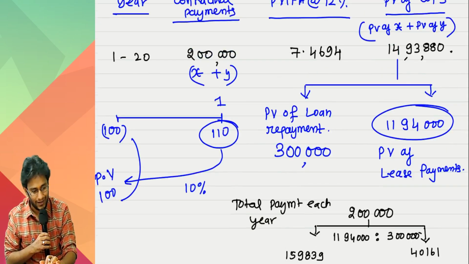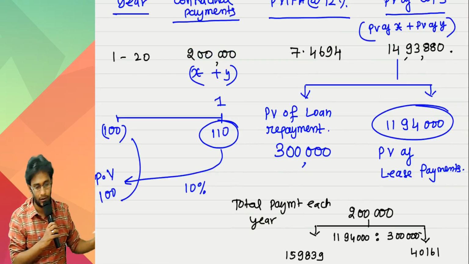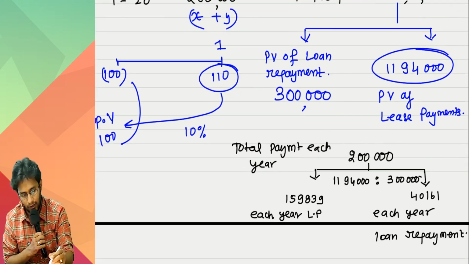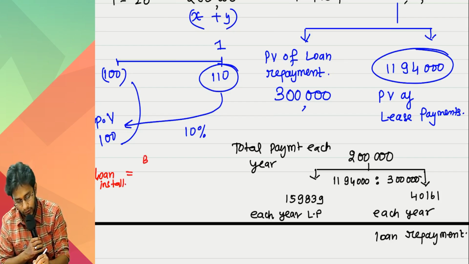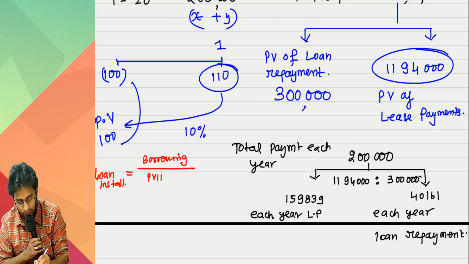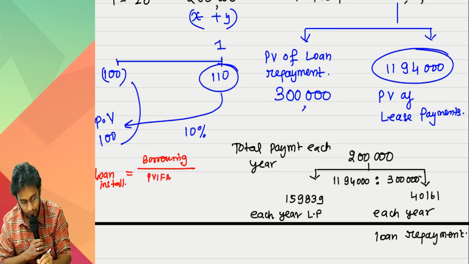If you do not like this split version that we did, you can alternatively do this. Work out the loan installment separately. Loan installment formula is what? Equated annual loan installment: take the borrowing amount divided by PVIFA at the percentage for the number of installments. In this case the borrowing amount is 3 lakhs.